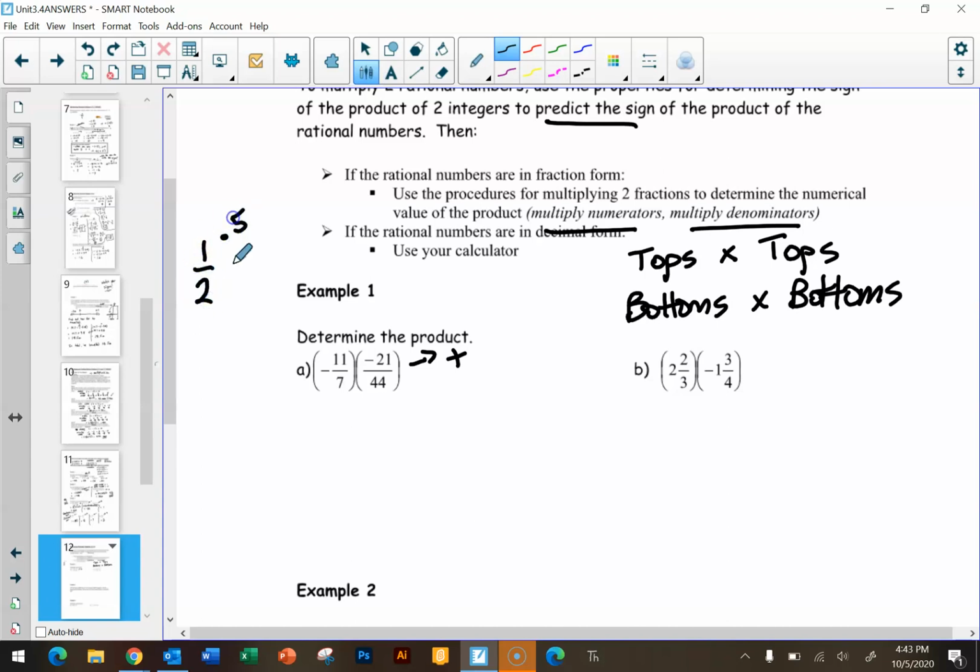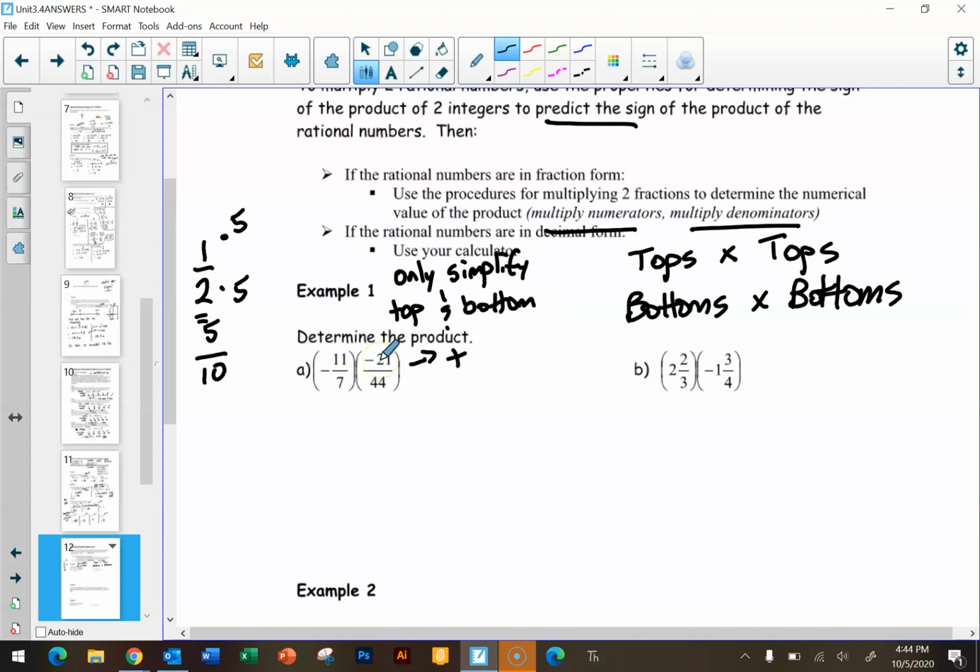Remember in our previous unit, we could multiply both the top and the bottom by the same thing and not change the value. 1 times 5 is 5, 2 times 5 is 10. Well, we know that 1/2 is the same thing as 5 over 10, it just looks different. We could do the exact same thing with division as well. So only simplify top and bottom.